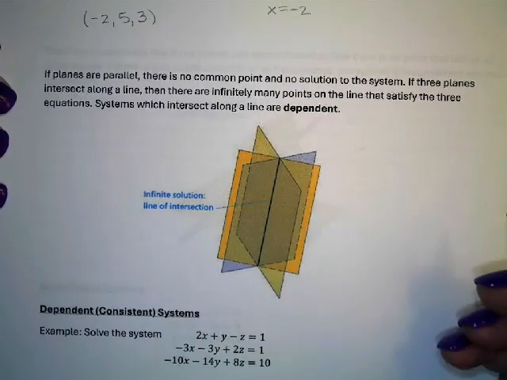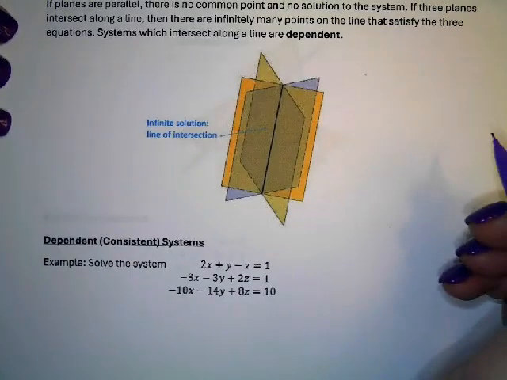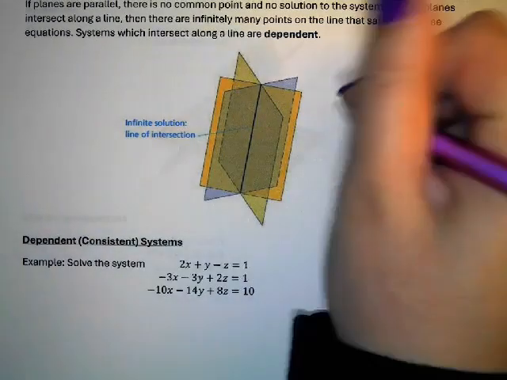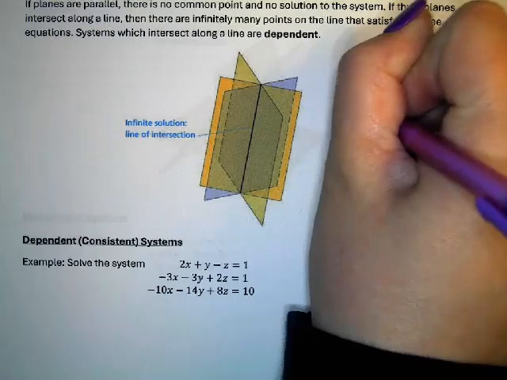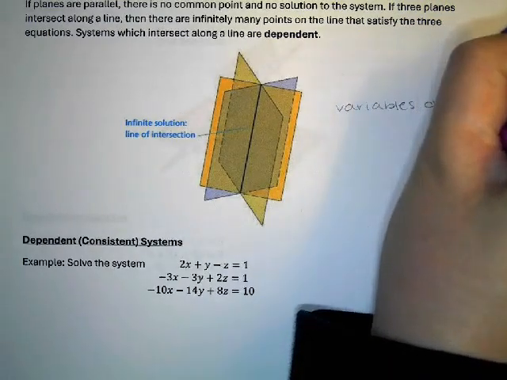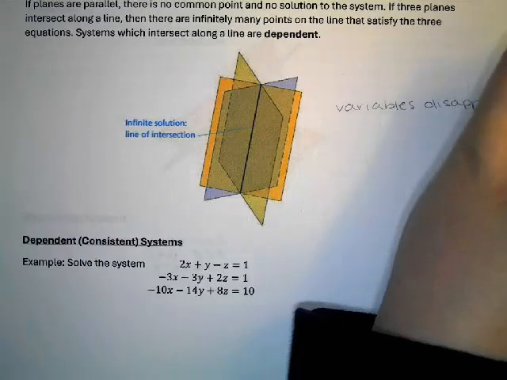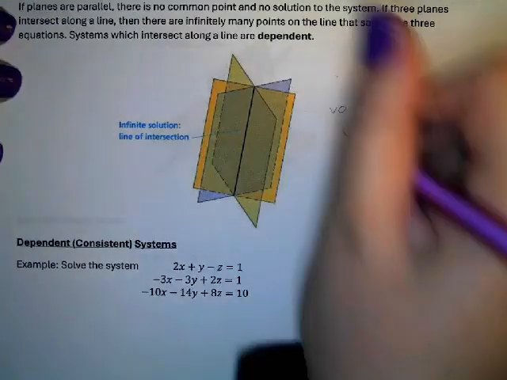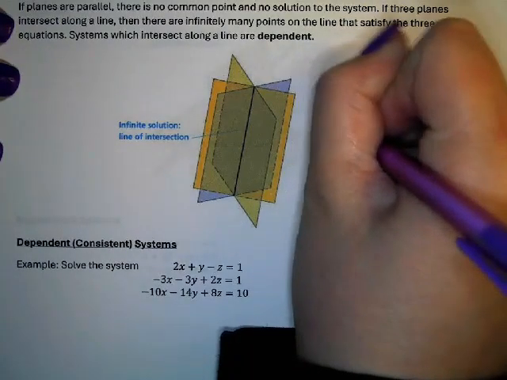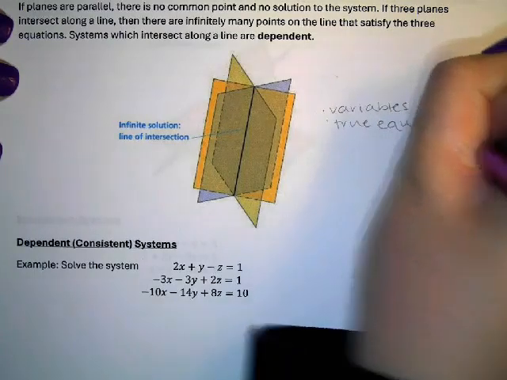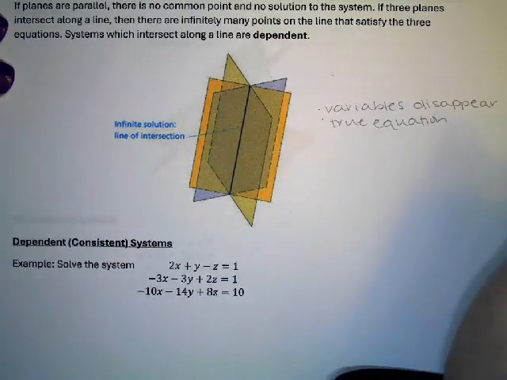So what we're looking for when this happens is as we solve the system, we're looking for the variables to disappear. And you're looking for some sort of true equation to happen. So for example, in section 8.1, we would end up with the equation maybe like 0 equals 0.